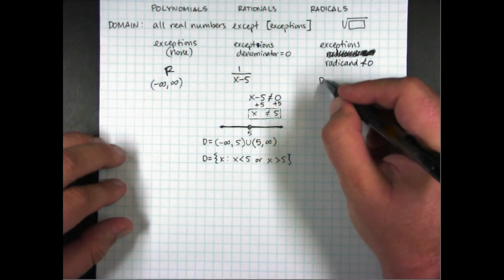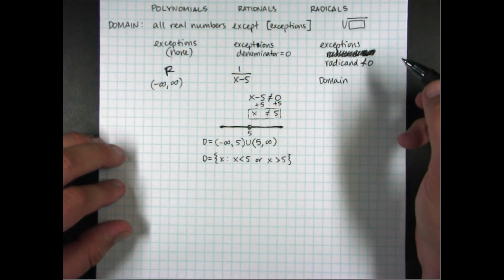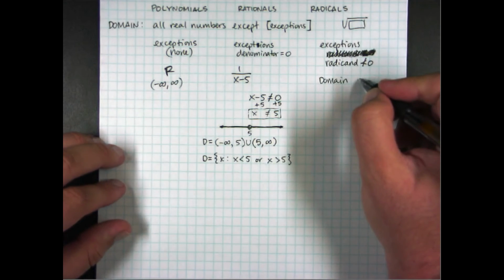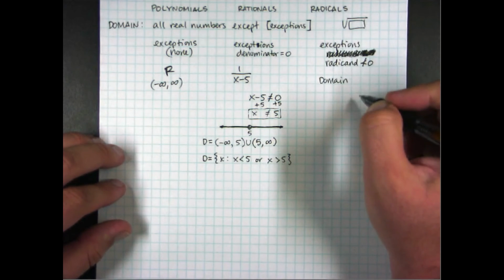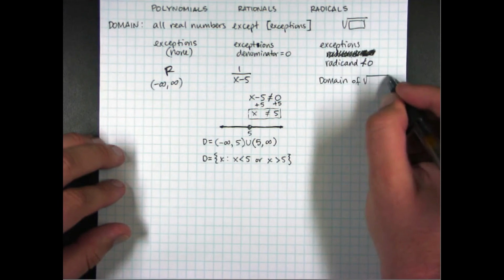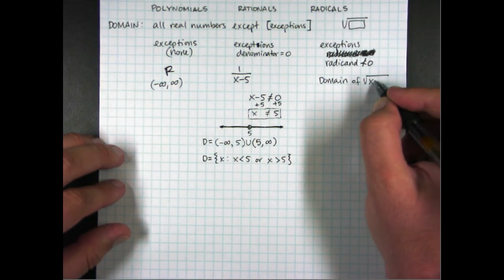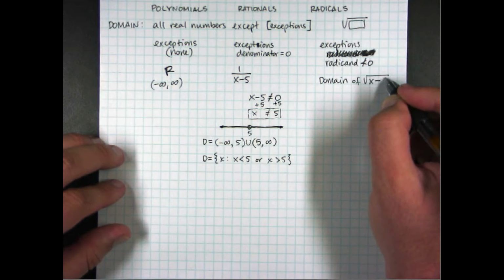So what is the domain? Well, what's not less than? Not less than includes greater than, but also 0. So let's ask ourselves, what's the domain of a simple function like the square root of x minus 5?